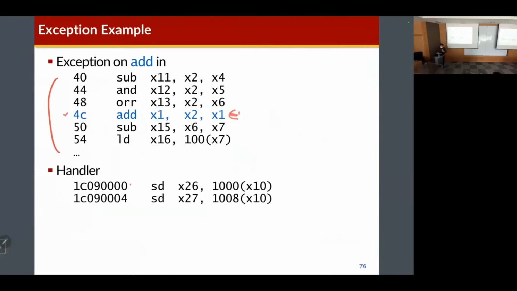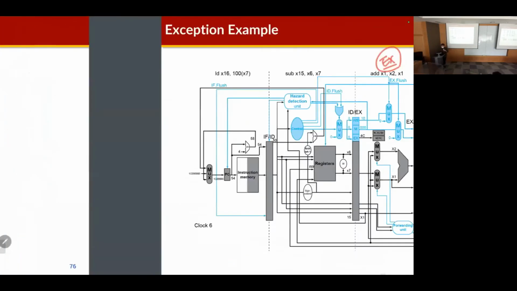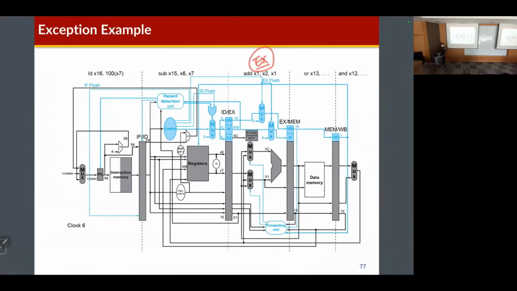In this example, when the add instruction is in the EX stage, we already know the previous instructions like AND and OR are already in the memory and write back stages. And some instructions or load instructions are in the write back and instruction fetch stages respectively. So it looks like this, and the exception is detected.